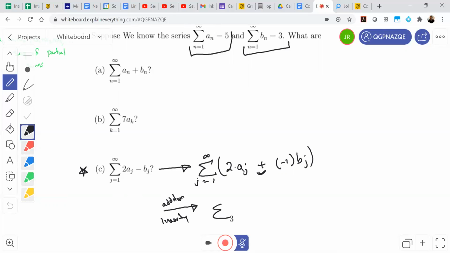So this can now become the sum as j goes from 1 to infinity of 2 A sub j plus the sum as j goes from 1 to infinity of -1 times B sub j.